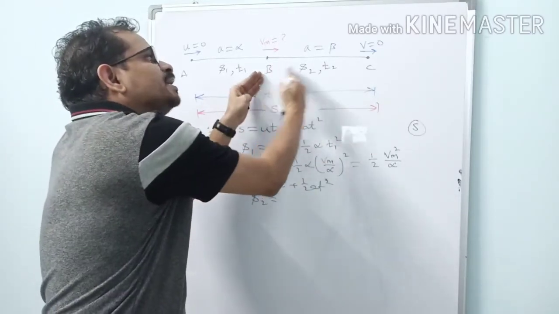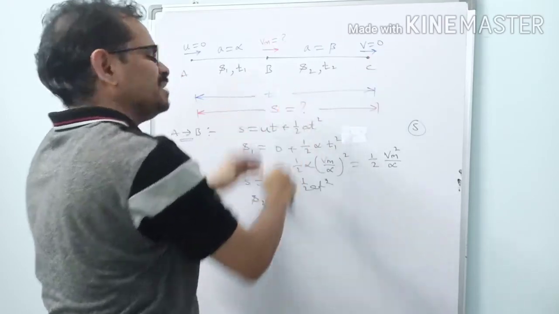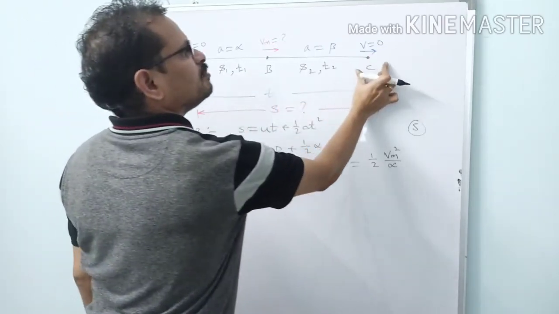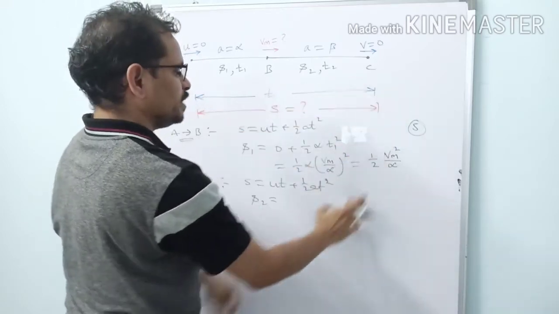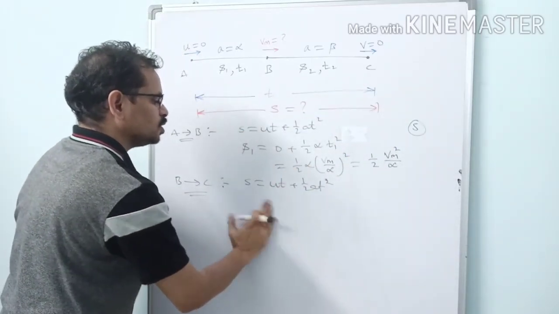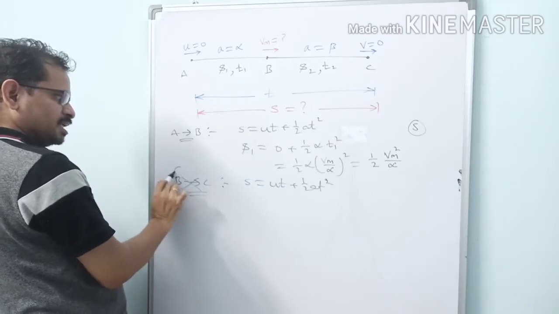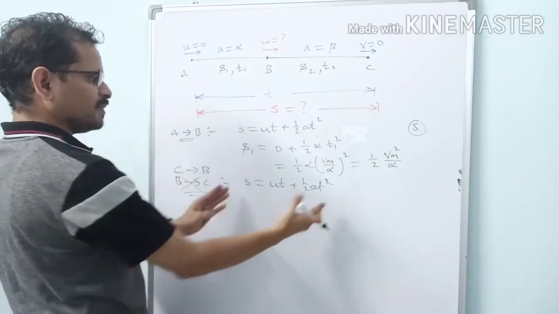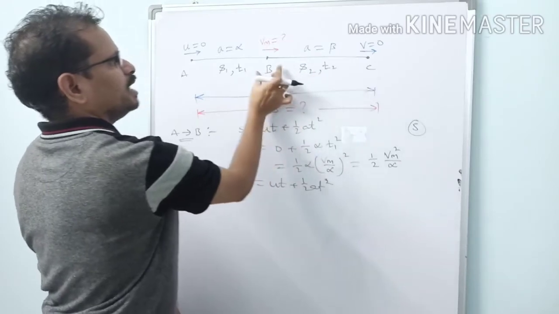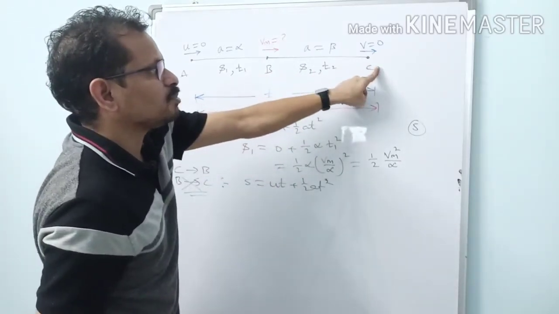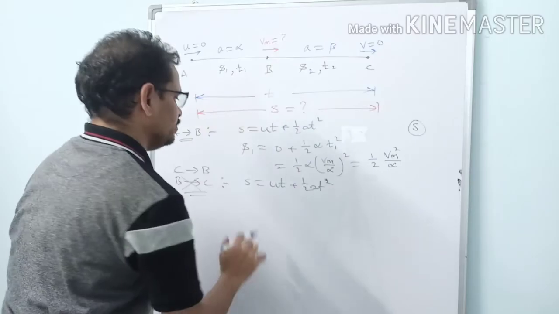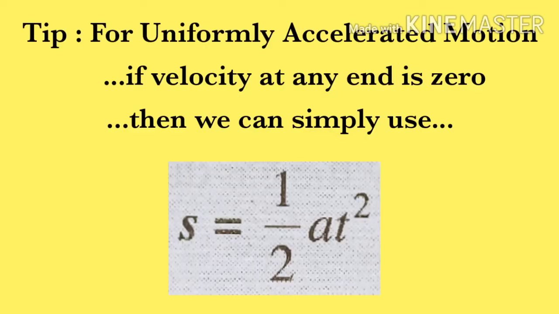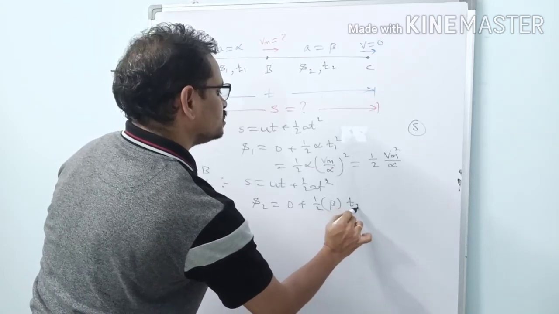If from B to C it is deceleration, then from C to B it will be acceleration, and at one end point the velocity is 0, so ut will become 0. Let us apply this equation from C to B. Now C is the initial point with velocity 0, and the velocity at the final point is Vm. So s2 equal to, u is 0, plus half beta, plus beta only, not minus beta, times t2 square.